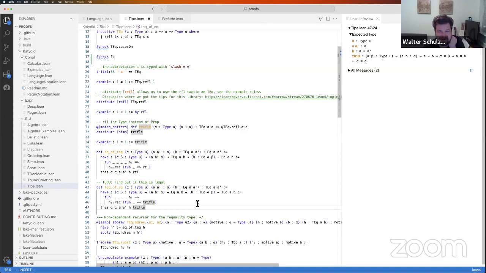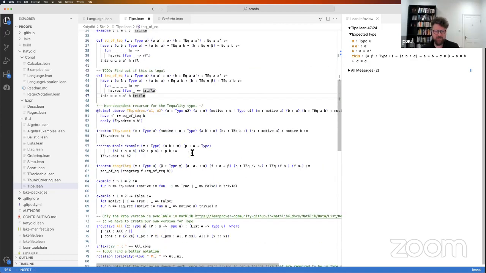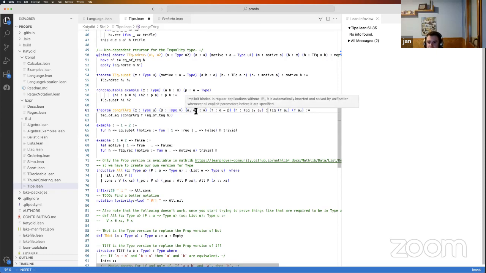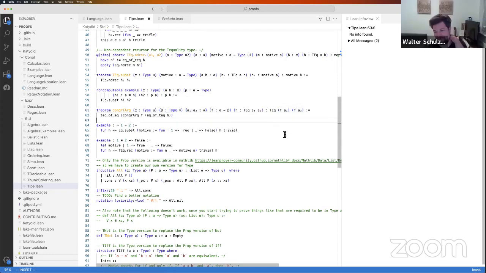Well, okay, I counter that with, if you scroll down, oh no! Immediately proved wrong. On line 61, I have a proof for congruence arg in Eq. But I need it to be in TEq.